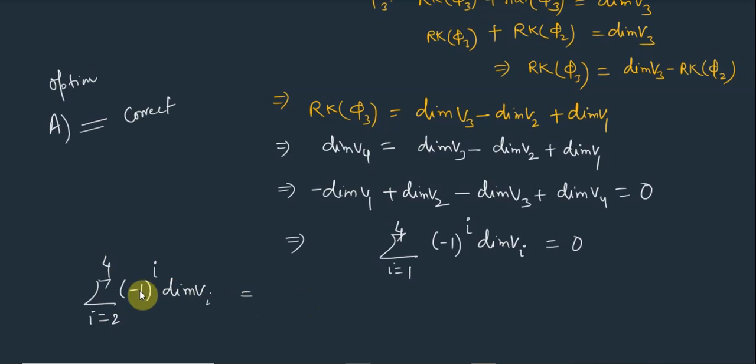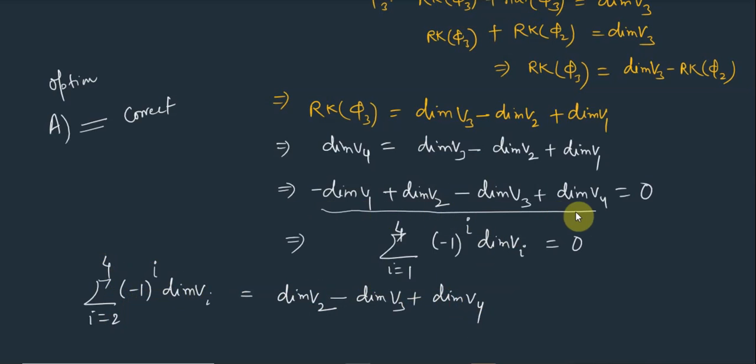When we put i equals 2, we get the dimension of V2, minus the dimension of V3 for i equals 3, and plus the dimension of V4 for i equals 4. From the earlier relation, this is equal to simply the dimension of V1.